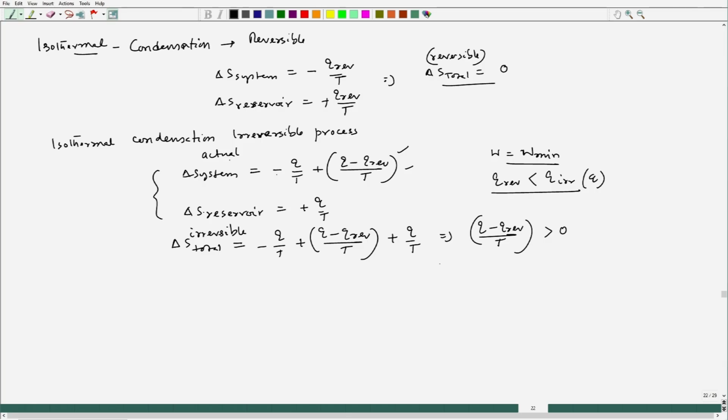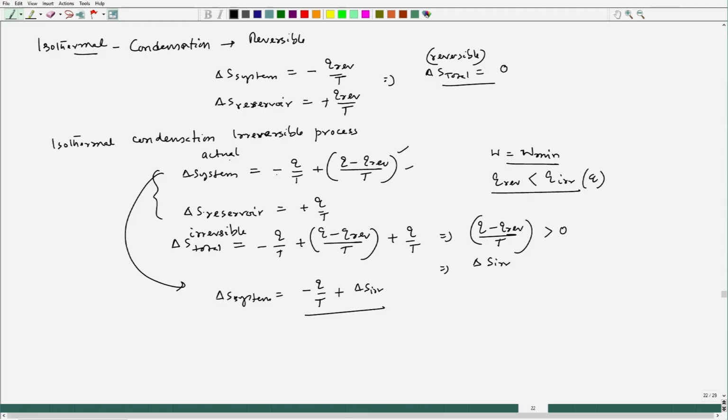This can be written as del S IR, which means this is the irreversible entropy change. So, now I can write the system part equal to minus Q by T plus irreversible. I could see that even in the condensation process, irreversible mode, isothermal mode, I would still create some amount of total entropy, which is reflected by this and which will be greater than 0, fine.